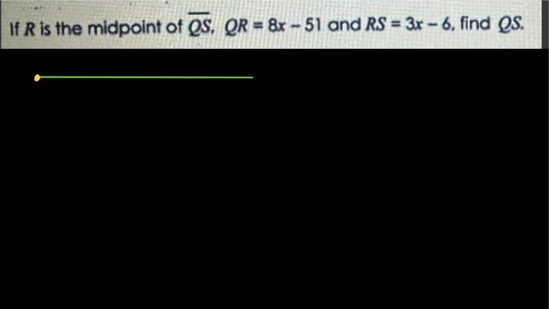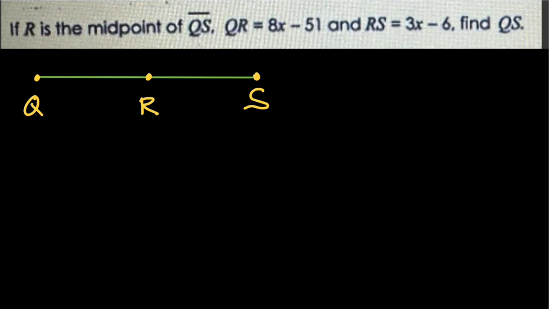So let's say this is segment QS with endpoints Q, the first endpoint, and then the other one, S. And it says that R is the midpoint. So R is somewhere here in the middle that divides segment QS.